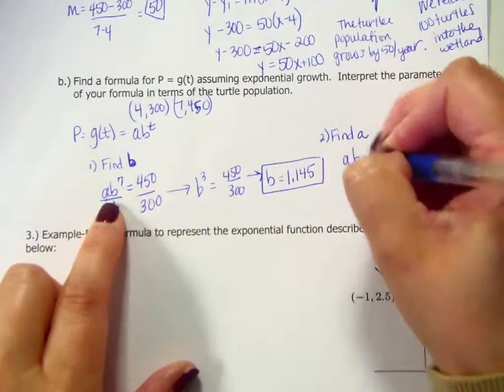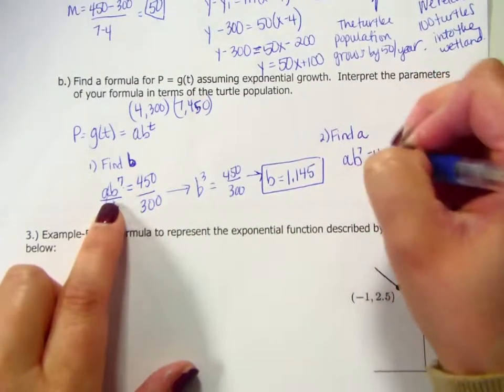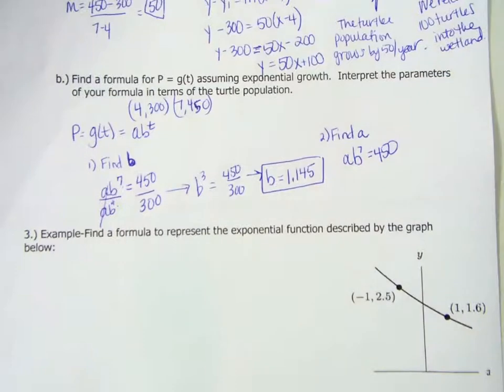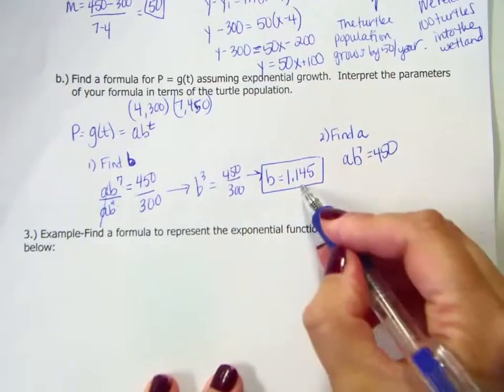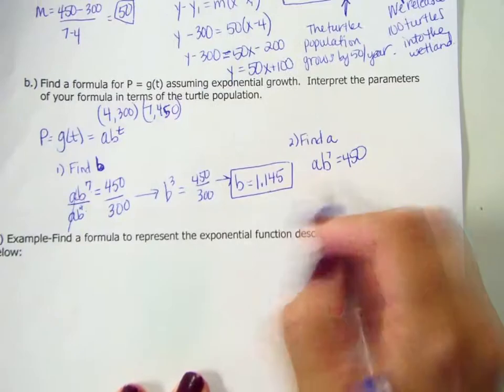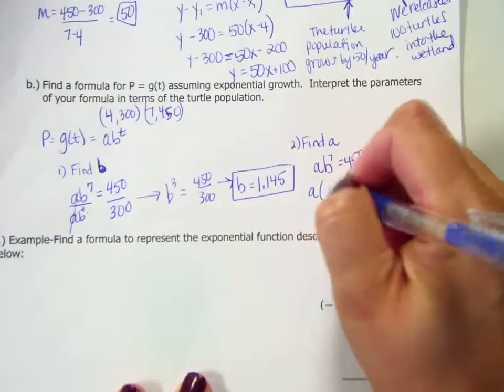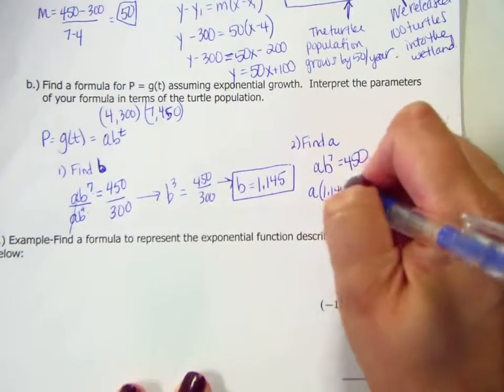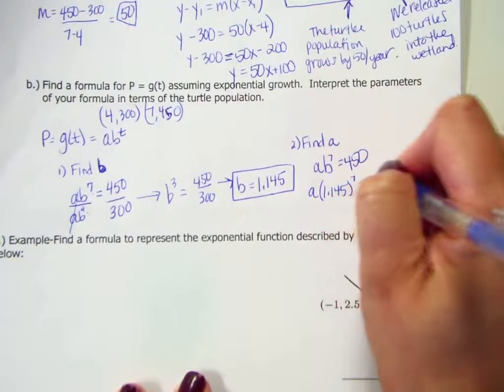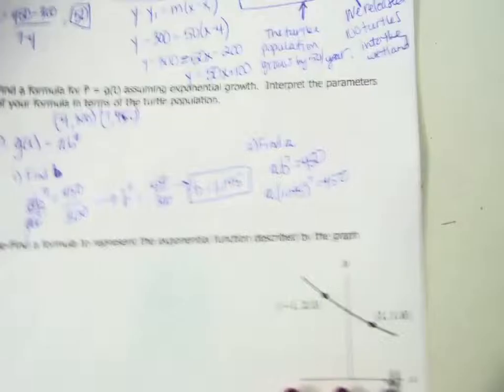So I knew that a b to the 7th equals 450. That's something that we've stated already. a times b to the 7th equals 450. But now I actually know my value of b, so I'm going to plug that value of b in. So a times 1.145 to the 7th equals 450. And then I can solve that equation for a.